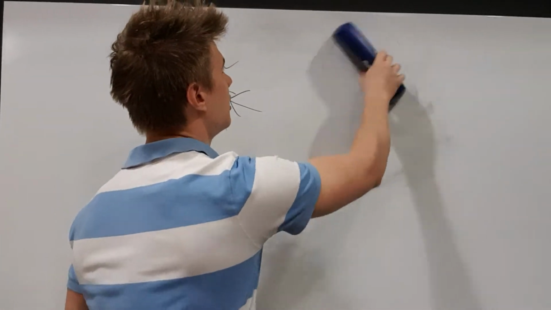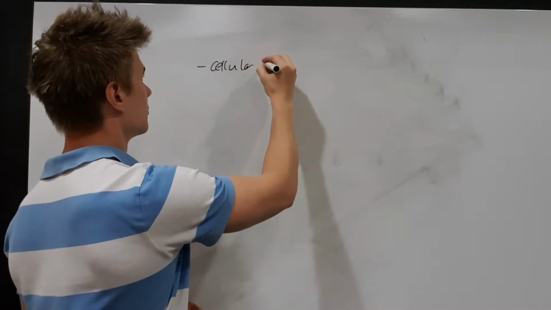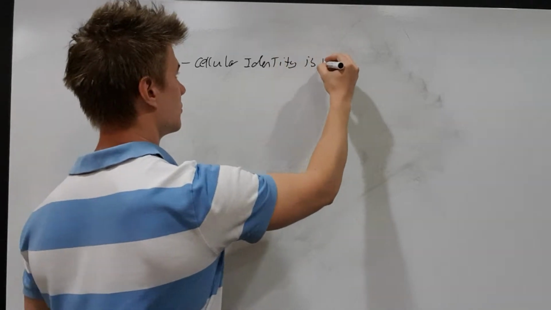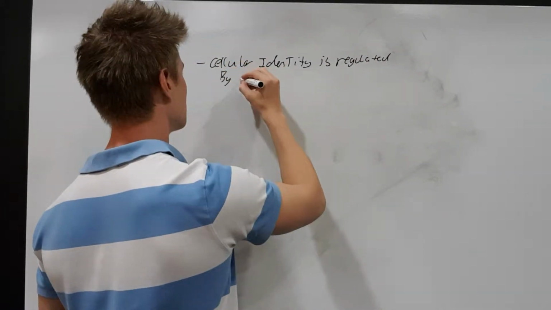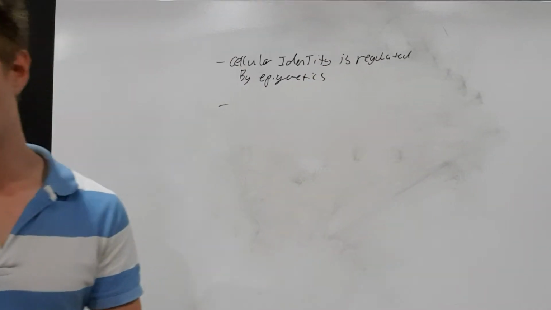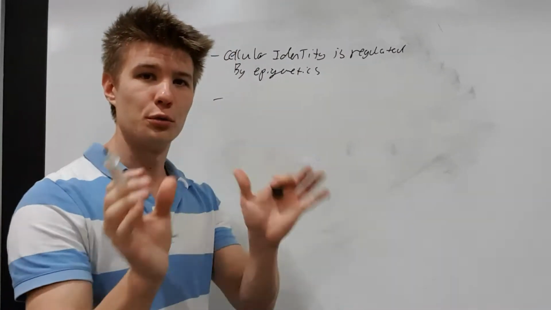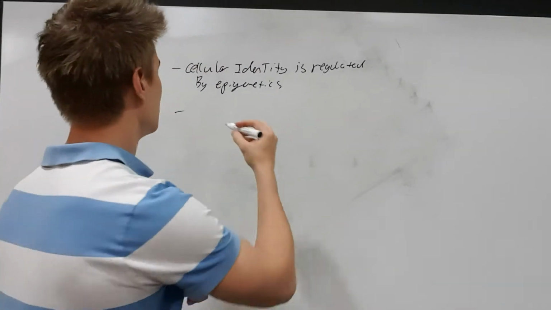Okay, so what are the big concepts of this section? Alright, so cellular identity is regulated by epigenetics. Differentiated cells don't like to become induced pluripotent stem cells because there are mechanisms that lock them in place.